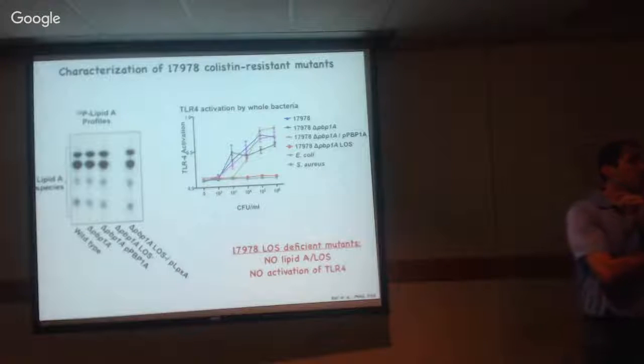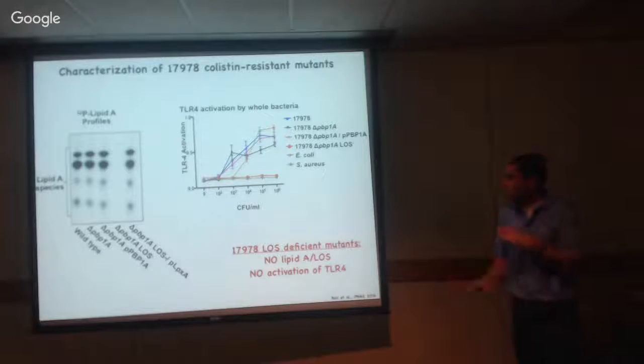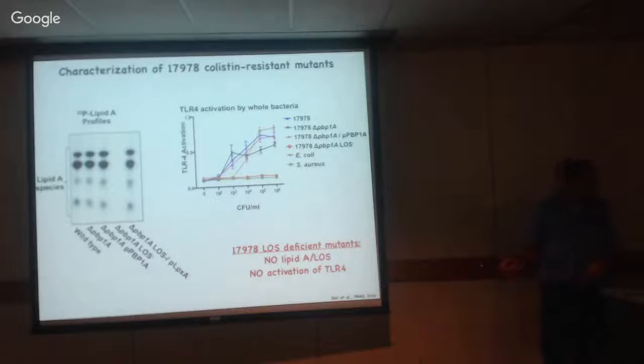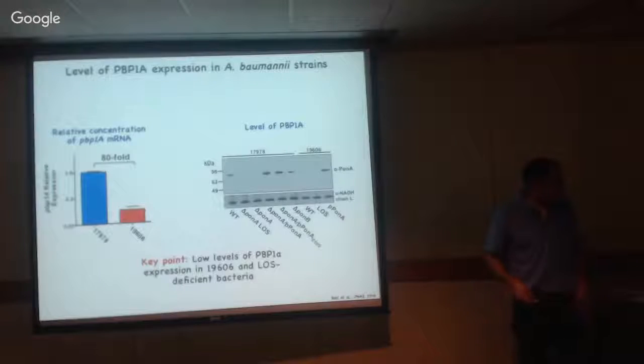We wanted to know what factors were important to allow these bacteria to survive without LOS. By knocking out this PBP1A protein, it allows these Acinetobacter cells to survive without LOS. So this 17978 strain that had PBP1A knocked out no longer produced lipid A or LOS, and it did not activate TLR4, indicating that it doesn't produce lipid A.